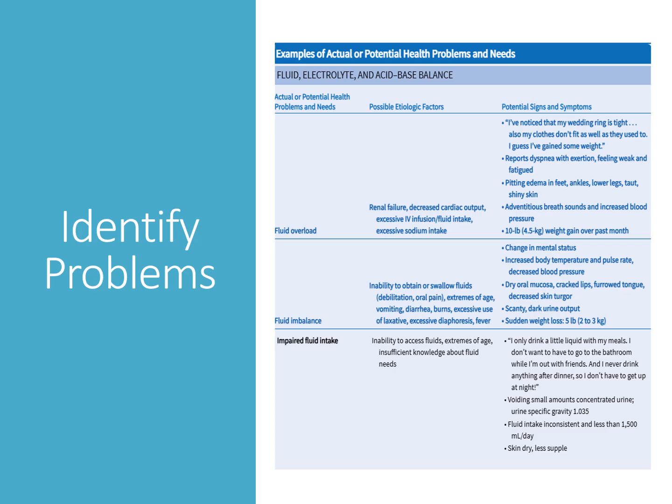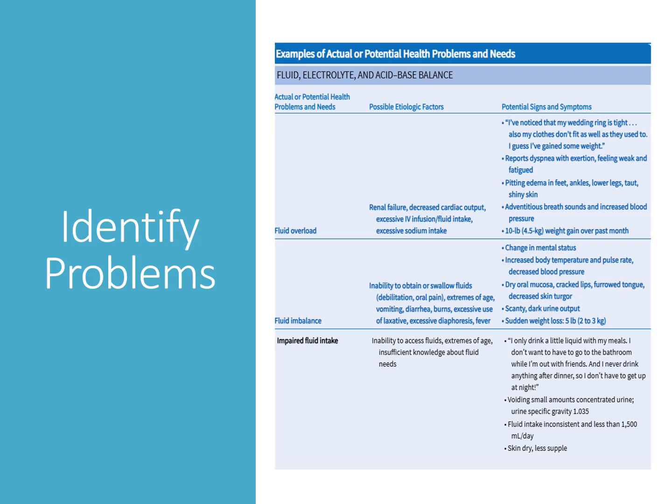Another problem would be fluid imbalance. It could be due to inability to get fluids or swallow fluids, like they're debilitated, or they can't tolerate them because they have oral pain. It could be due to their age. They may have vomiting, diarrhea, burns, or excessive use of laxatives, excessive sweating or fever that could cause an imbalance in fluids. You could see changes in their mental status.